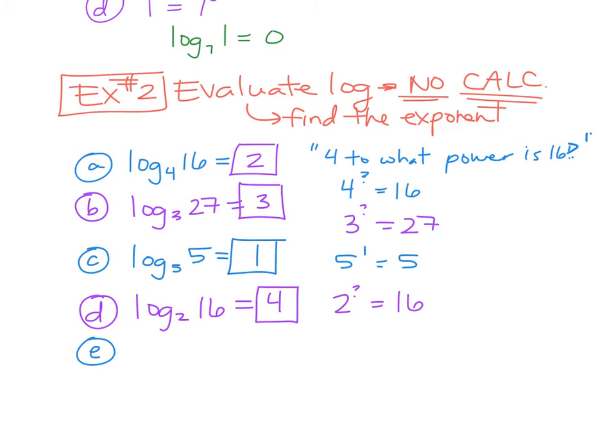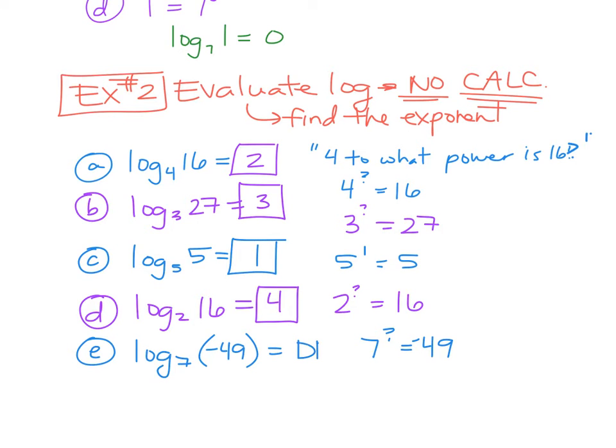All right, how about this one? Log base 7 of negative 49. So you're asking yourself the question, 7 to what power is going to give you a negative 49? No solution. It does not exist, right?